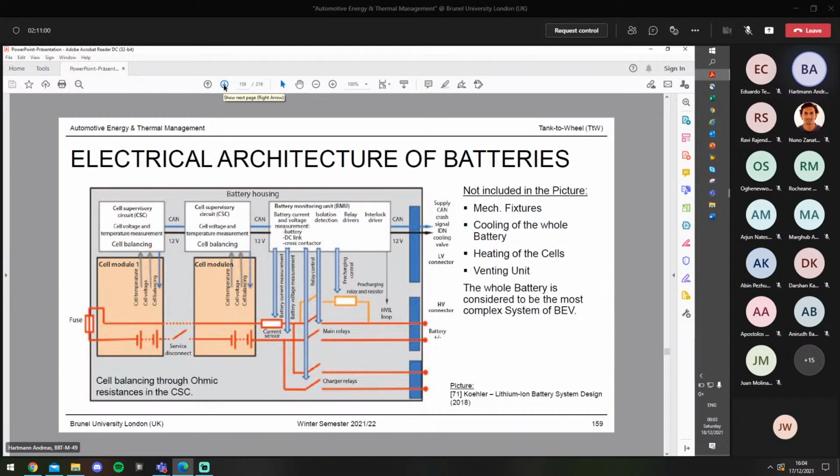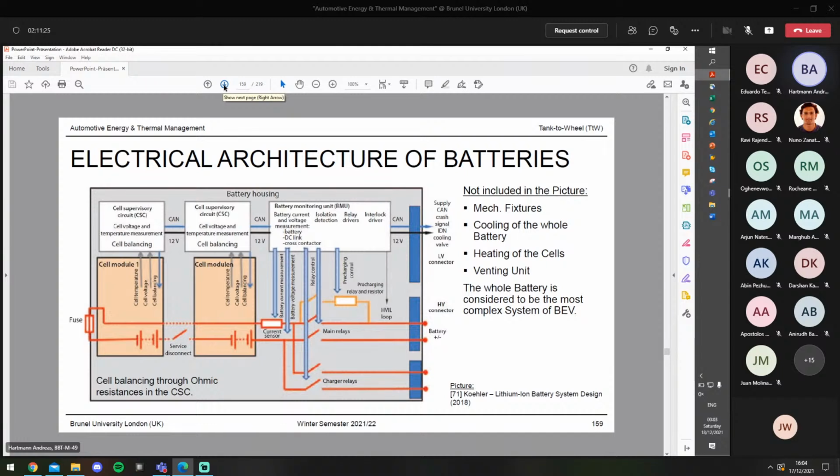You already mentioned many very important things. So the inside of a battery is very, very complex. First of all, you have got the cell modules, which store the actual energy, but you also need to manage the cell modules, and therefore you need to measure several parameters.